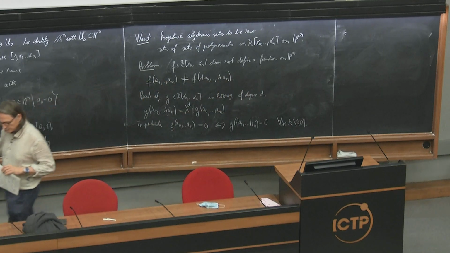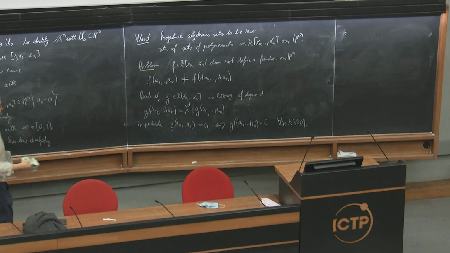And in that case, we will say that our point P equal to A0 to AN in Pn is a zero of this polynomial.